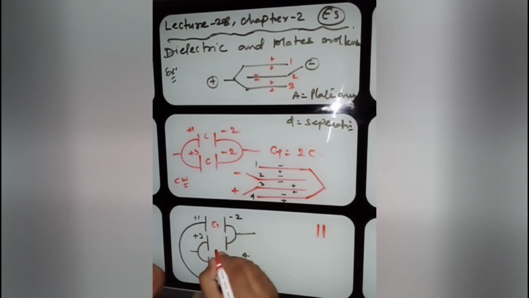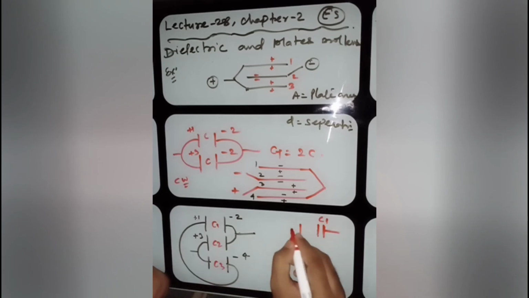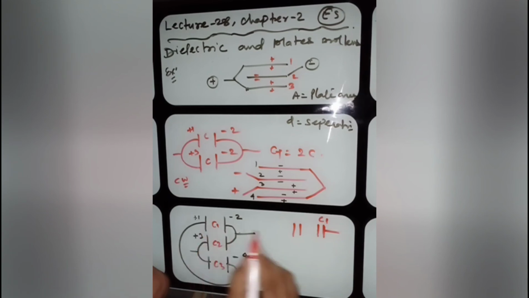Okay, I am writing here C1, C2 and C3. So I have taken here C1, and C1 has one terminal. It is going to meet with C2, but C1 has another terminal which is connected with which one?